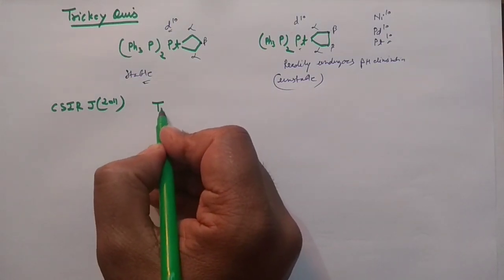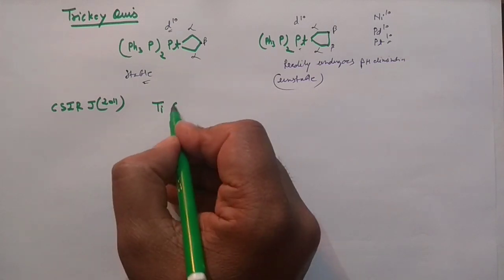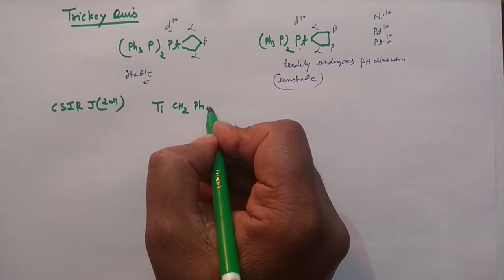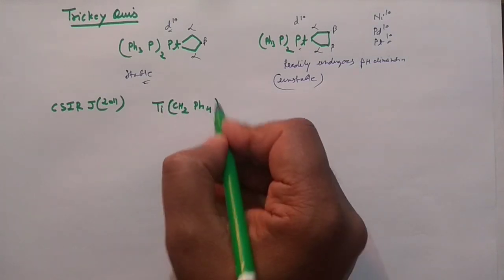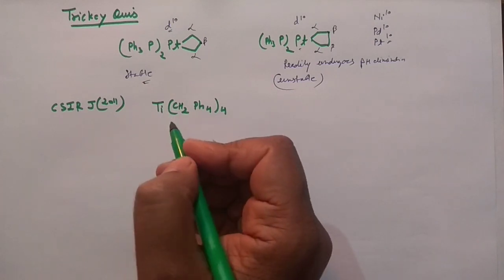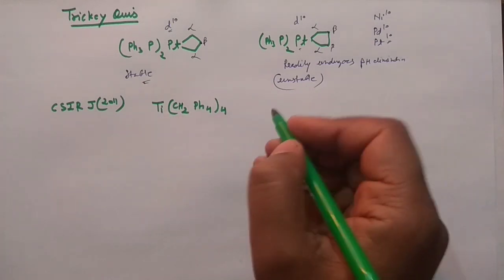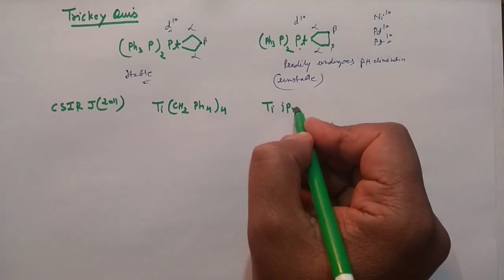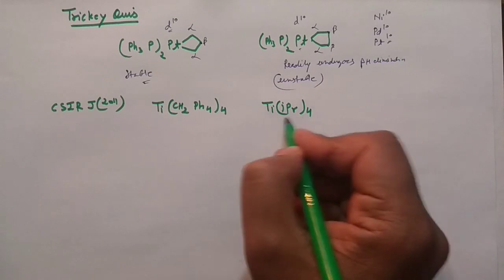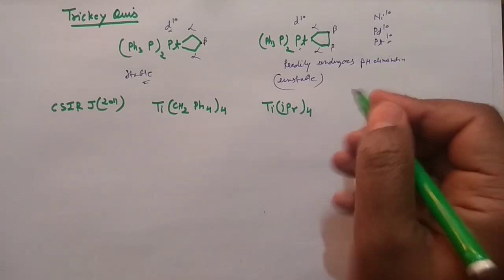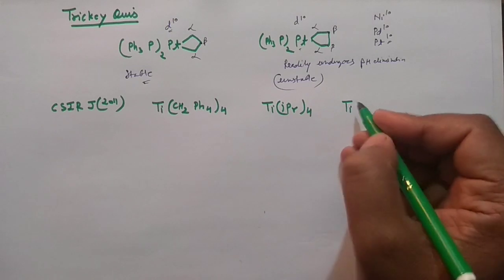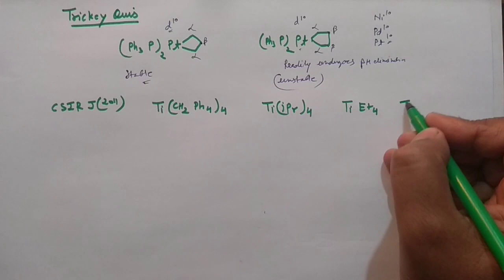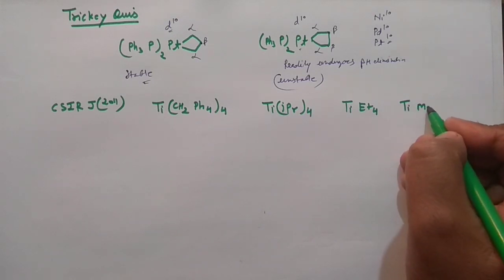They have given you different complexes. Complex number 1, titanium (CH2Ph)4, where this part is present 4 times. Another complex is titanium (iPr)4, where iPr is the isopropyl group, and then titanium tetraethyl and titanium tetramethyl.